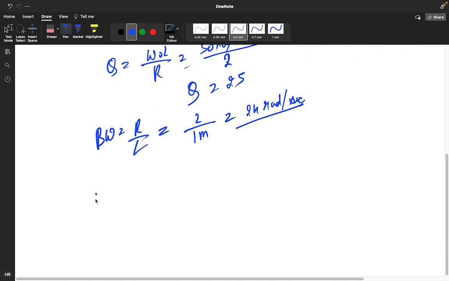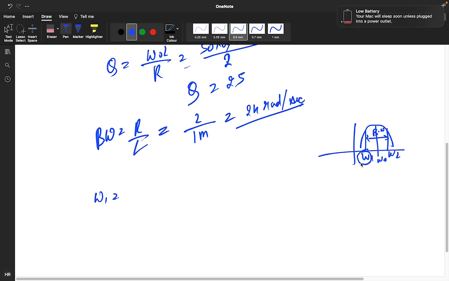And how will we calculate the omega 1 value? Half power frequency. This is omega 1, this is omega 2, this is my bandwidth, and this is my omega naught. So from this value I need to subtract, this will be bandwidth by 2 and this will be bandwidth by 2. So omega naught minus bandwidth by 2, right? And the omega naught value we got was 50k. And the bandwidth is 2k divided by 2.